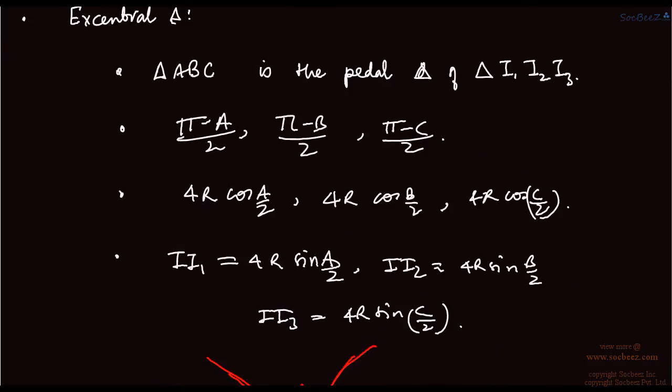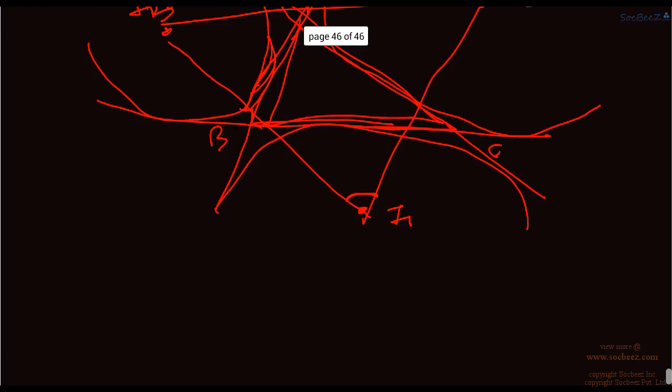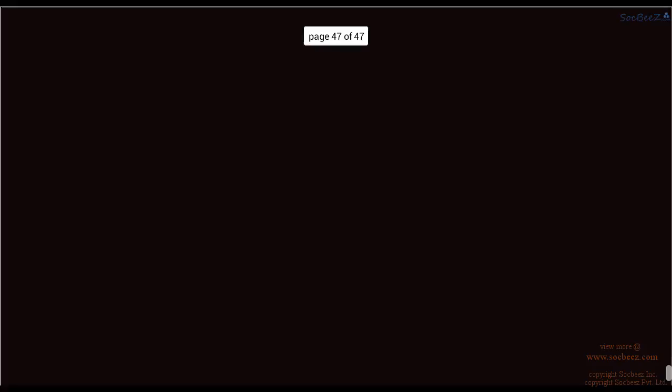Okay, now we'll move on to the distance between special points, which is the last topic of this one. Distance between special points. That is the distance between circumcenter and orthocenter.